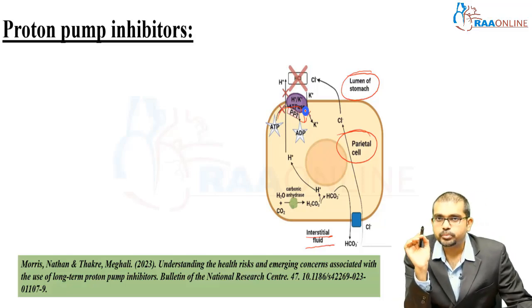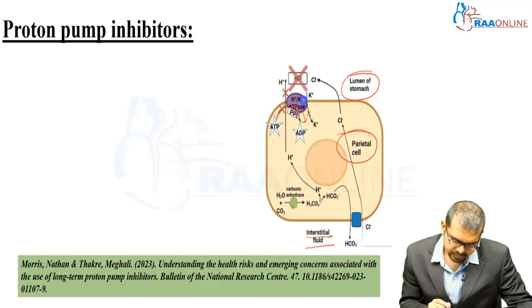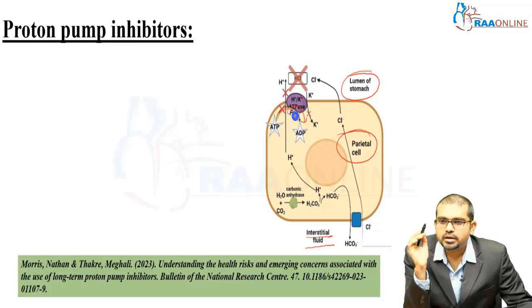So the proton pump inhibitor binds to this H plus K plus ATPase on the luminal side of the parietal cell membrane, and it prevents the transportation of H plus ions into the lumen of the stomach. This is how the proton pump inhibitor acts.